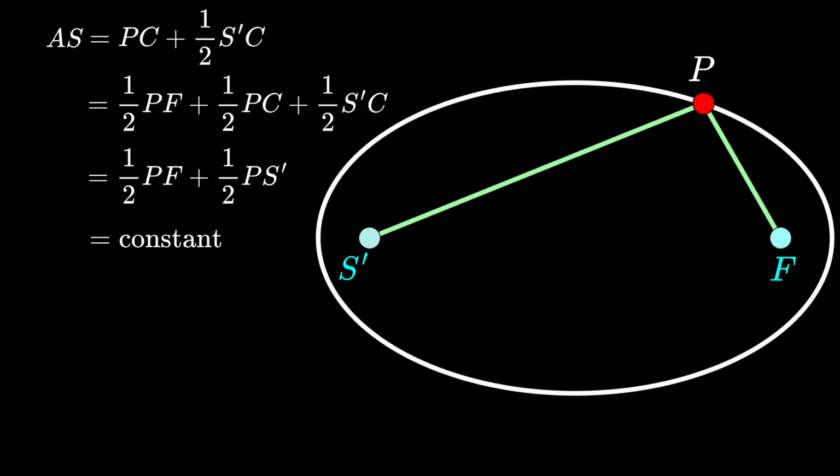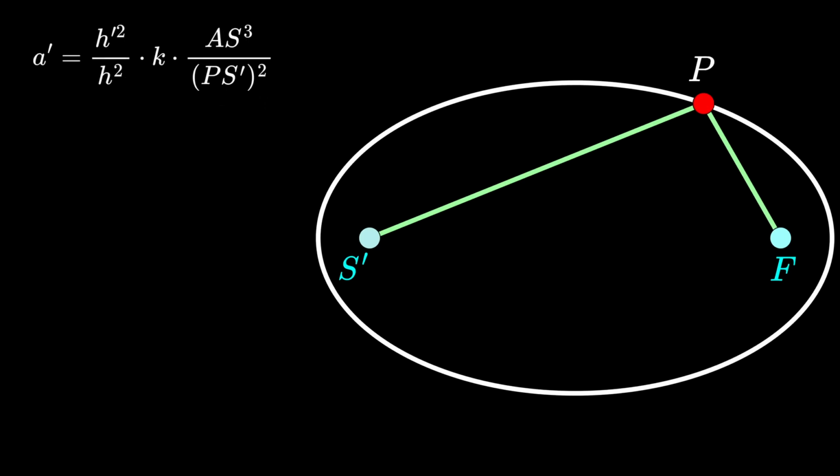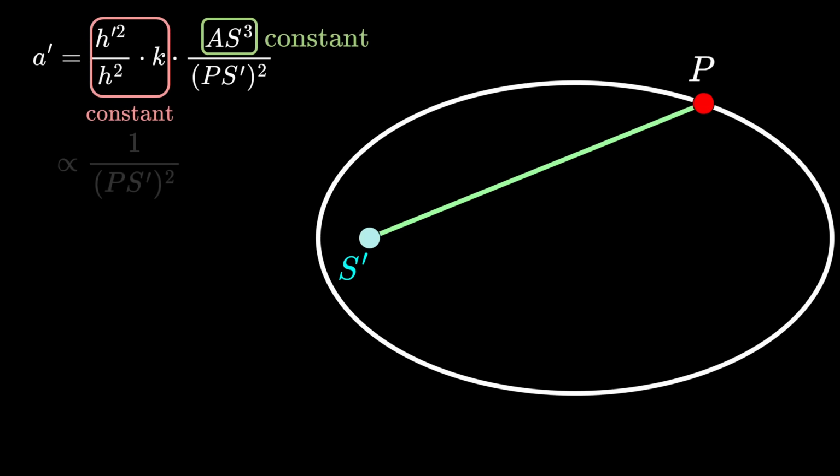So going back to the acceleration towards this new center S', which is a focus of the ellipse, not only are these angular momenta constants, AS is now also shown to be a constant. So this acceleration towards the focus is really inversely proportional to distance squared.